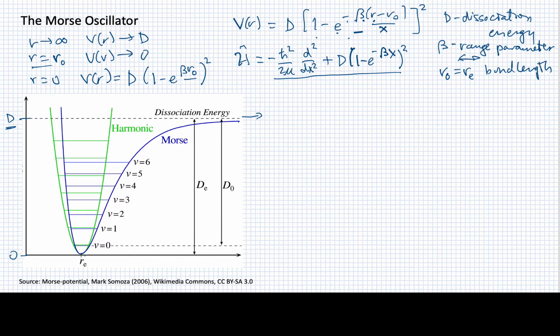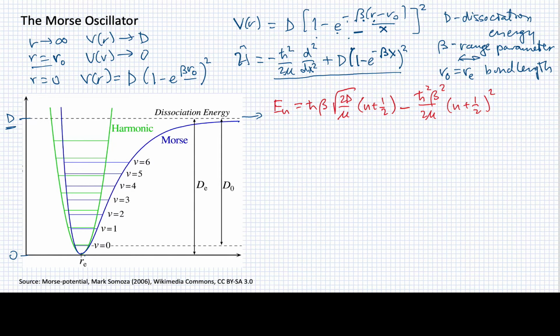The net result of this is that the energy levels of the Morse oscillator can be written as follows. They're equal to h bar beta times the square root of 2D over mu, times (n plus a half), minus h bar squared beta squared over 2 mu, times (n plus a half) squared.